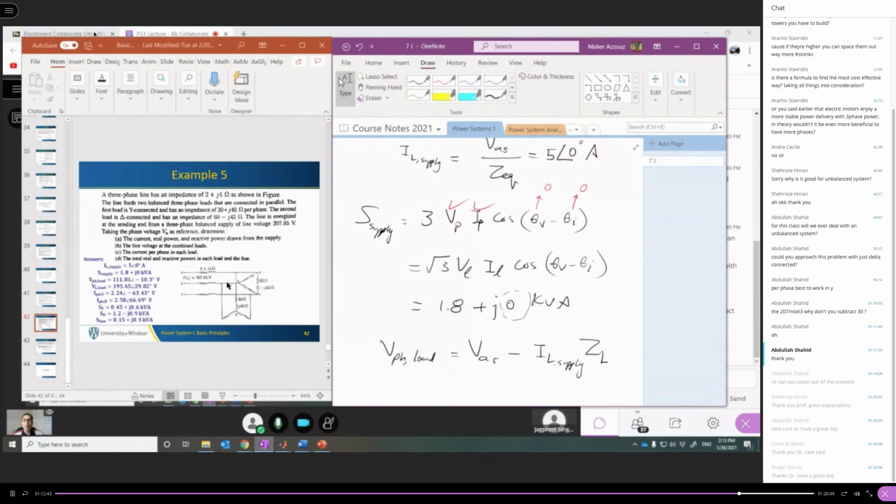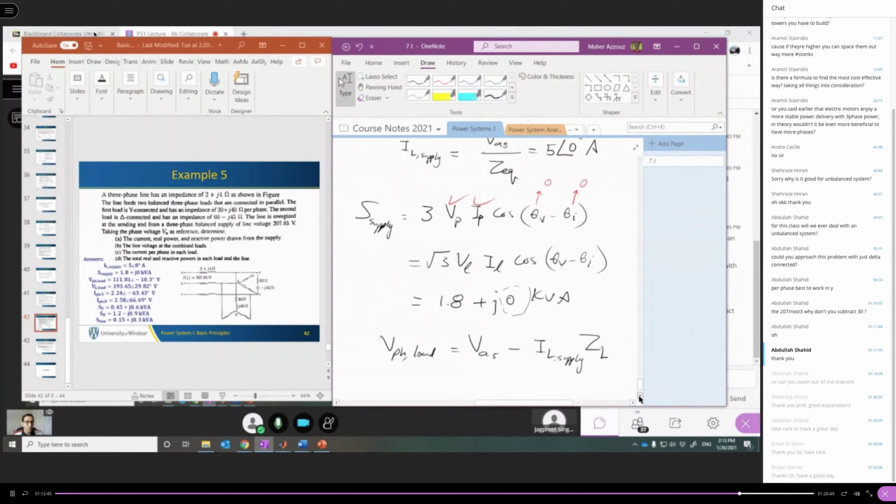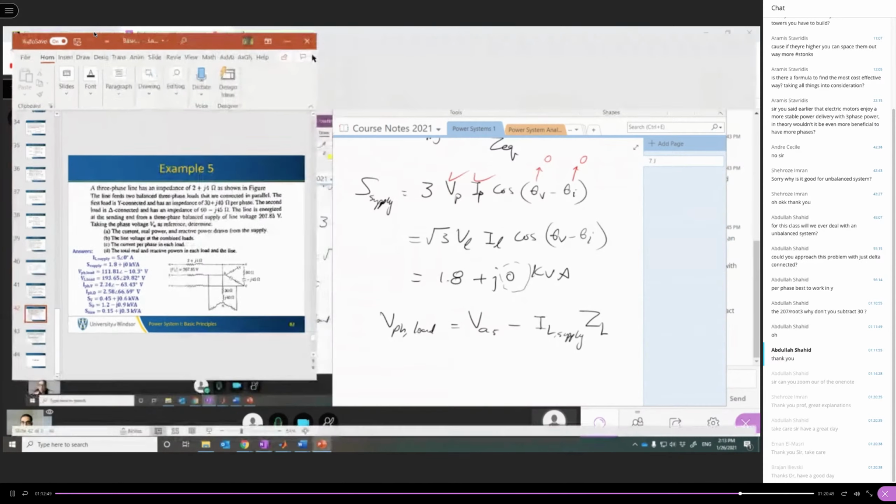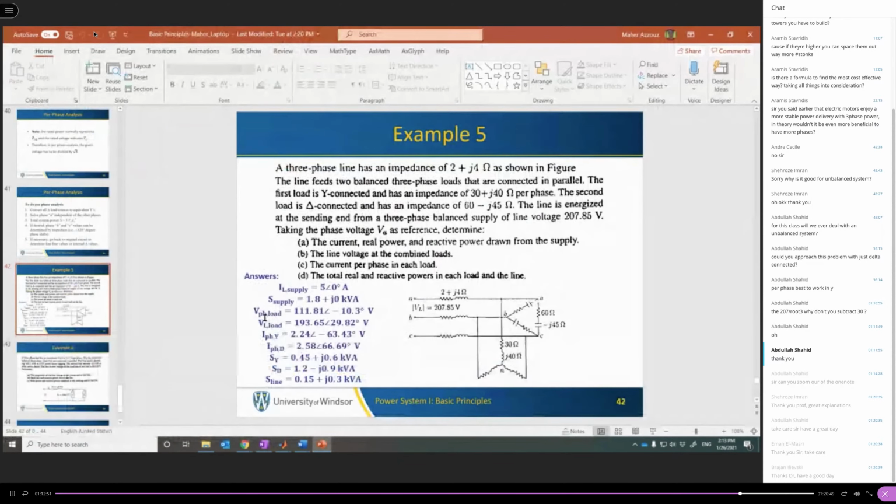If I ask you to get the line voltage at the combined load, you have to convert it. As you can see here, we got the phase voltage, and it has an angle of -10. For the line voltage, we multiply this magnitude by √3, and we add 30 degrees to this angle.